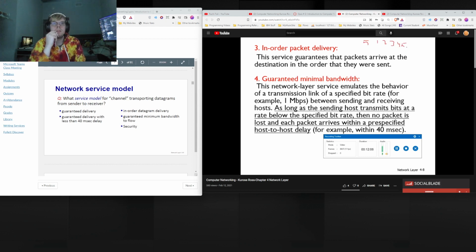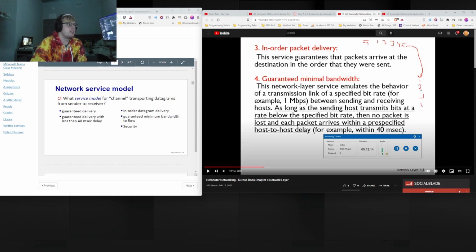This service ensures that the packets will arrive in the order of 1, 2, 3, 4 and 5, and not as 3, 5, 2, 4 and 1.